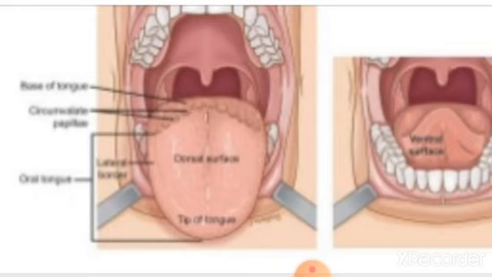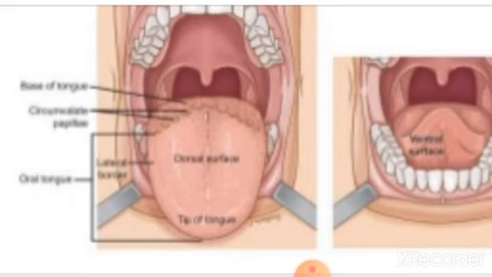You can see here the dorsal surface, the tip of the tongue, the lateral border, and this is the oral tongue, and the circumvallate papillae, the papillae present at the back, and the base of the tongue which is attached to the pharyngeal part.